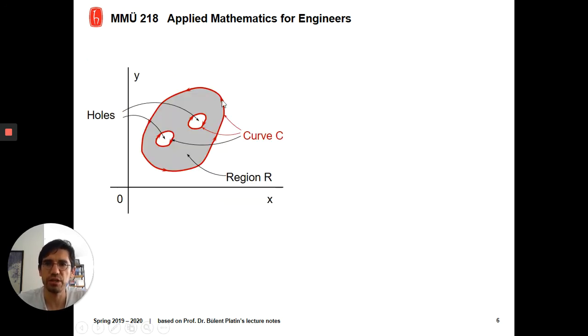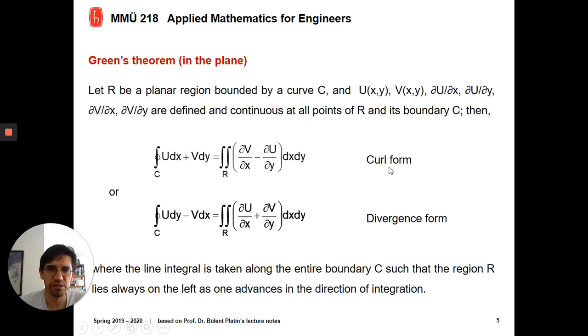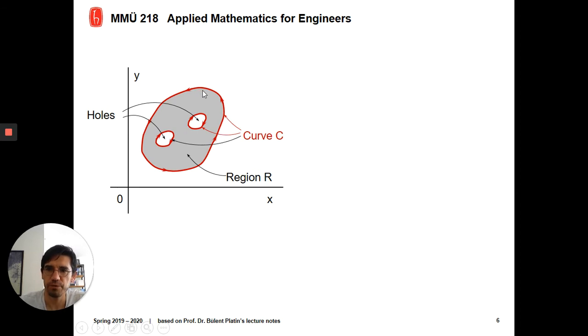Now, what was the definition? I'm rolling back on the slides; we're still in the curl form, so don't worry about it. For the curl, as my counterclockwise definition, I keep my region R on my left, and that I will call positive. That's the convention. If I have a hole in my region R, that's a special case.